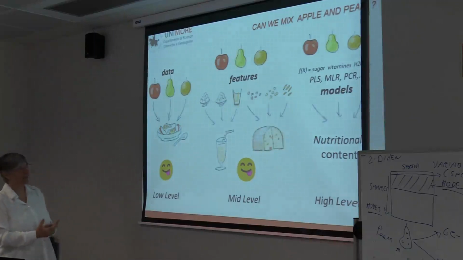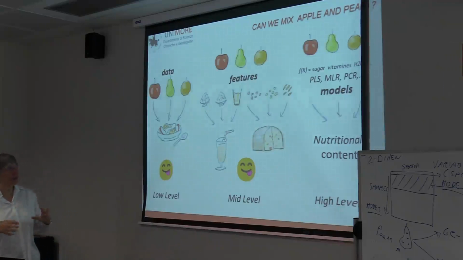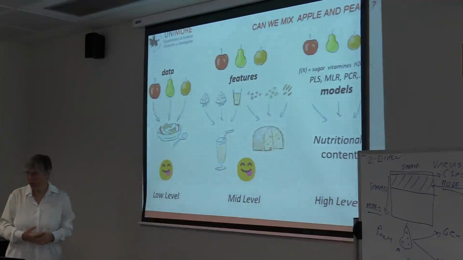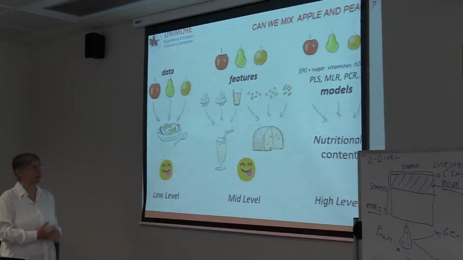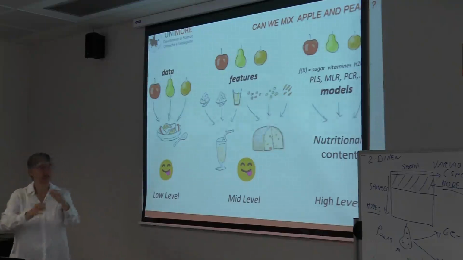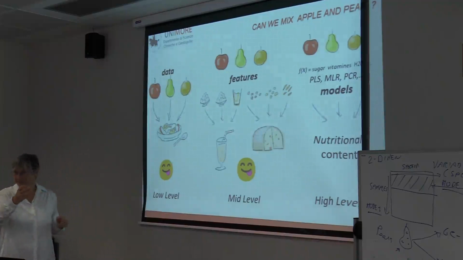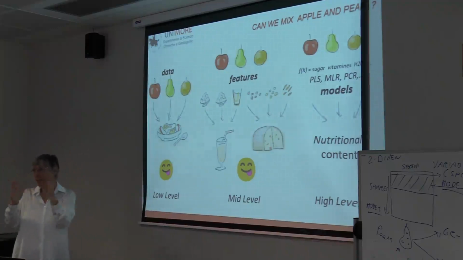Then there is the high level, and in this case, we do much more manipulation on our raw data, because what we usually do is that we analyze our data first. So in this example, for instance, we assess the sugar, vitamin content, and water content of each fruit, and then we merge this information.